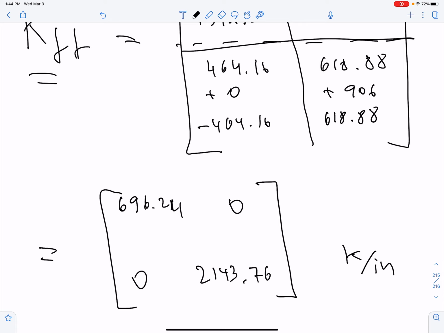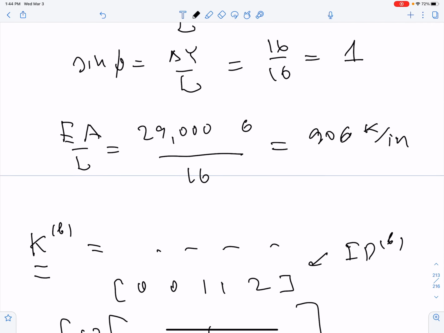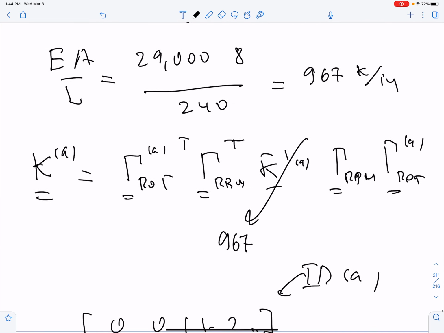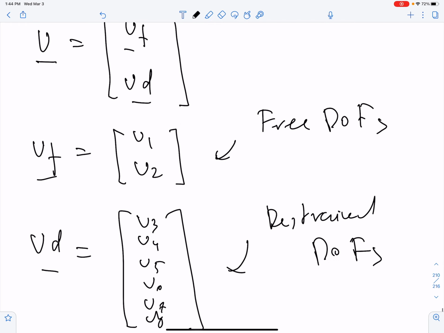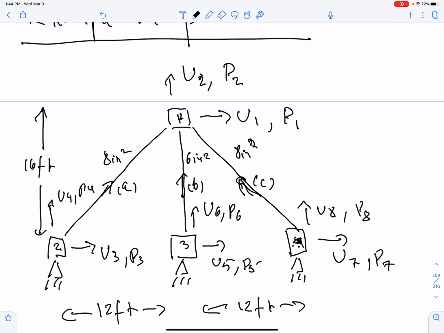Okay, meaning, if you look at the structure here, the stiffness matrix is diagonal, okay, which means if you apply the force in the direction u1 and not in the direction u2, then the corresponding displacement will only be in the direction u1. Okay? If you apply force in the direction u2 but not u1, the displacement will be only in u2.